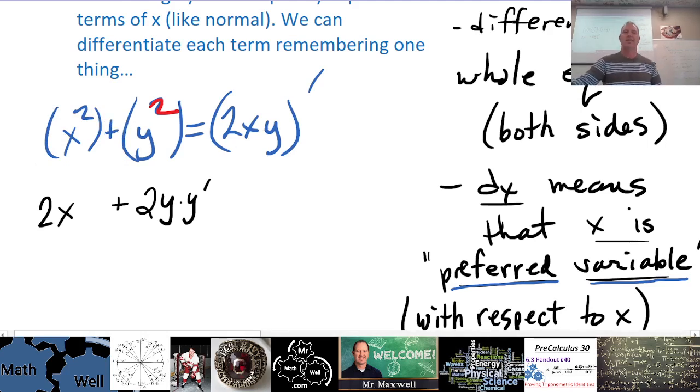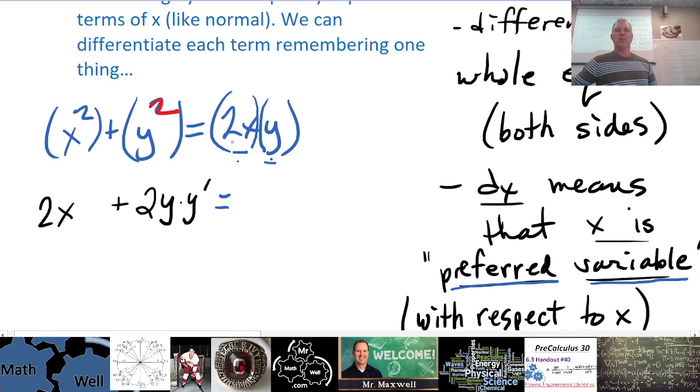Now let's take a look at this one. Here, this 2xy, this is all multiplied, but you want to see this as a product of two different functions. One x function and one y function. So in order to take the derivative of this, we are going to do product rule. The derivative of the first times the second plus the first times the derivative of the second.